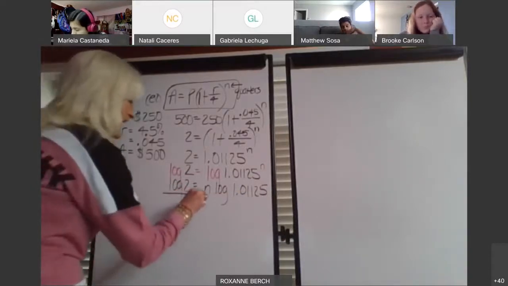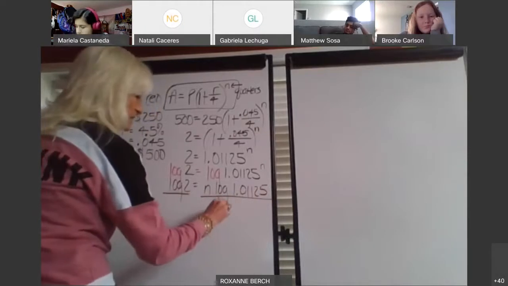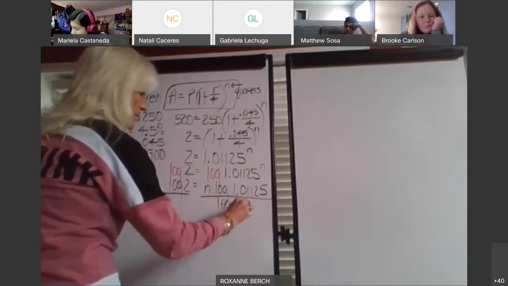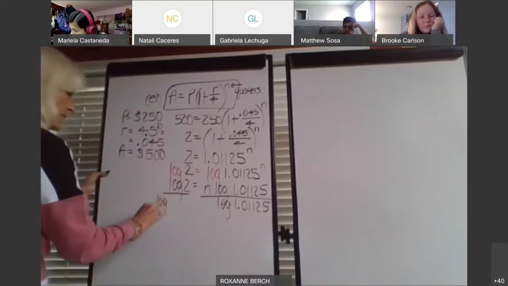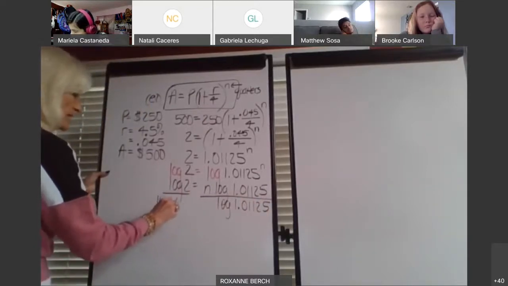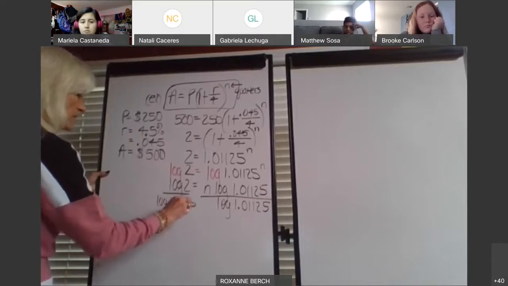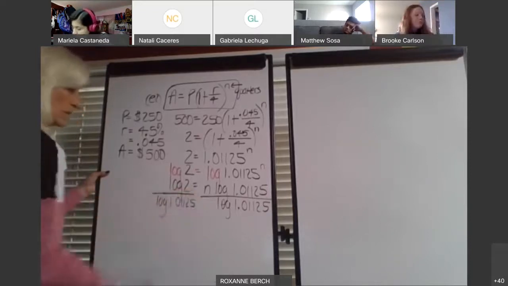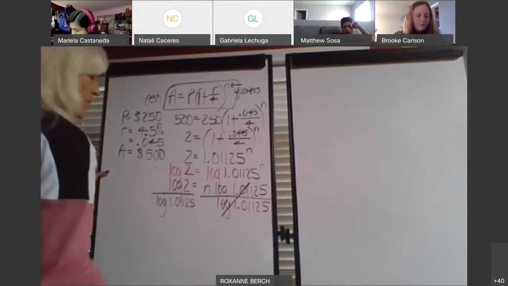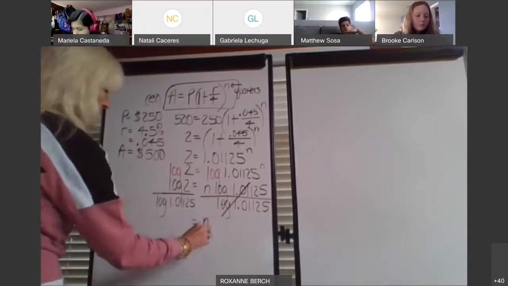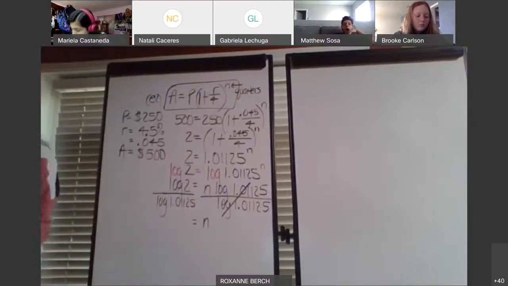So can I divide both sides by that mess? Log base 10 of 1.01125. Look at that. So N is equal to this.